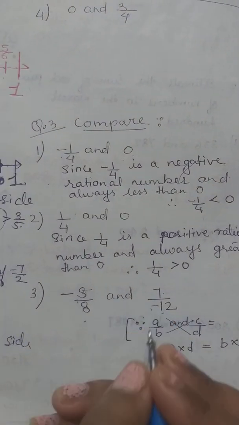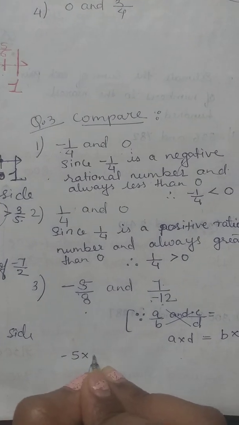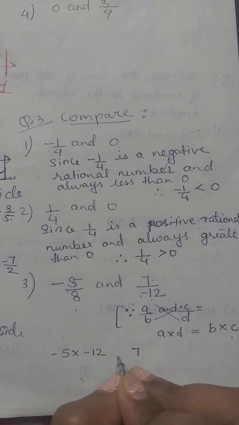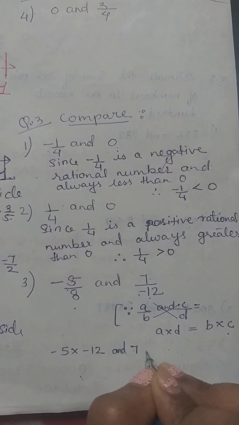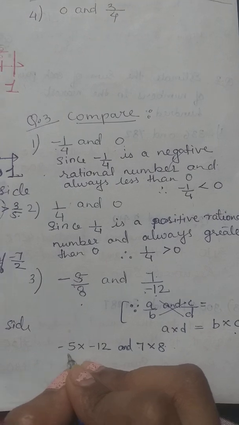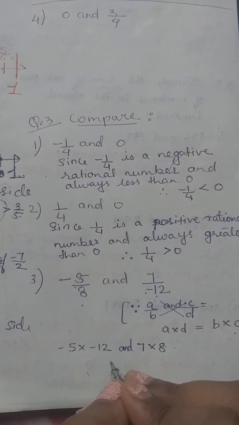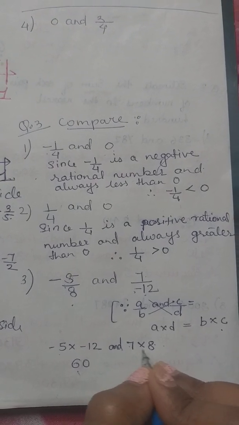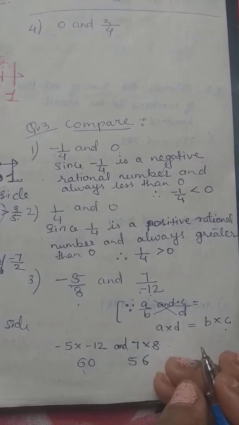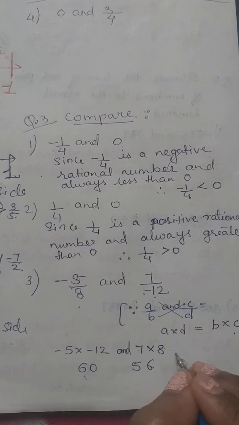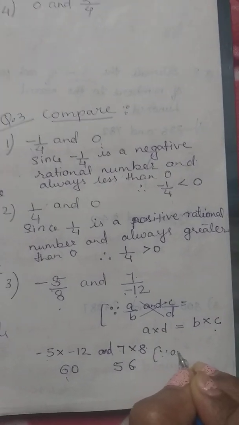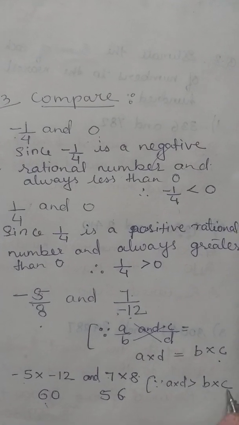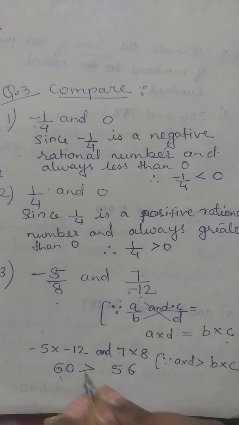For example, minus 5 multiplied by minus 12, minus minus will become plus, and here 7 multiplied by 8. 5 12s are 60, and 7 8s are 56. So since A multiplied by D is greater than B multiplied by C, here 60 is greater.